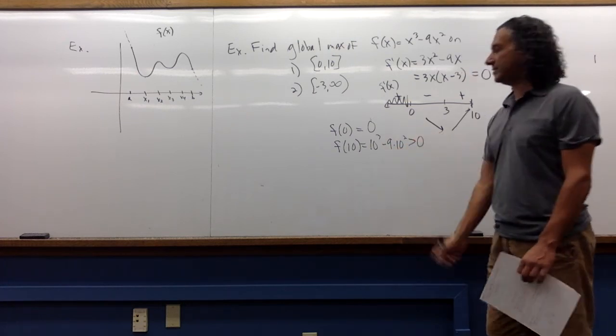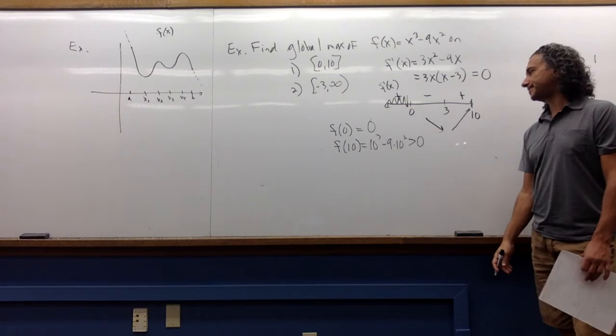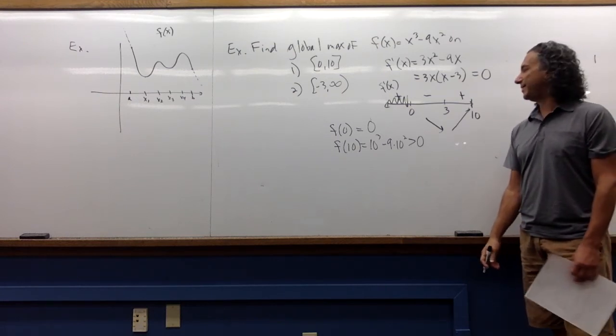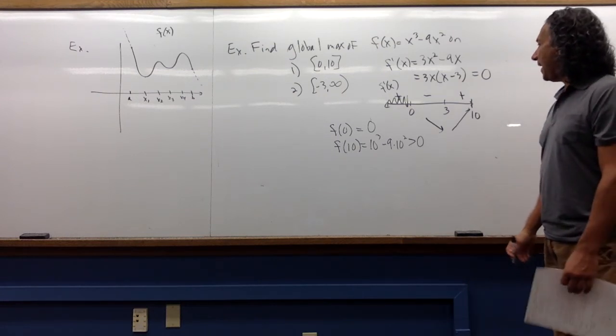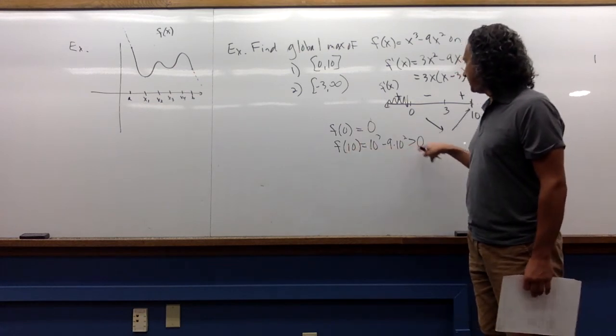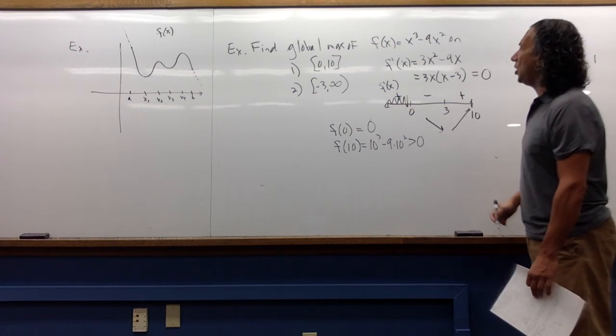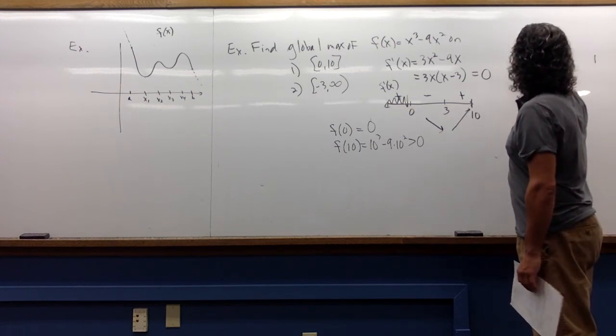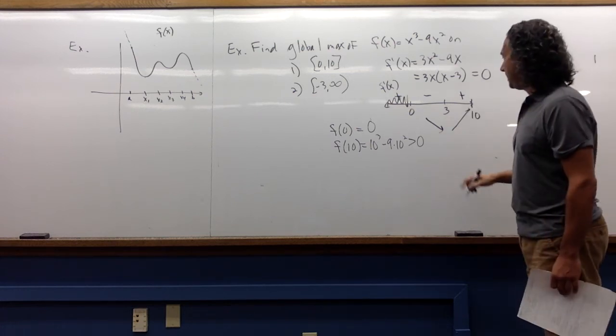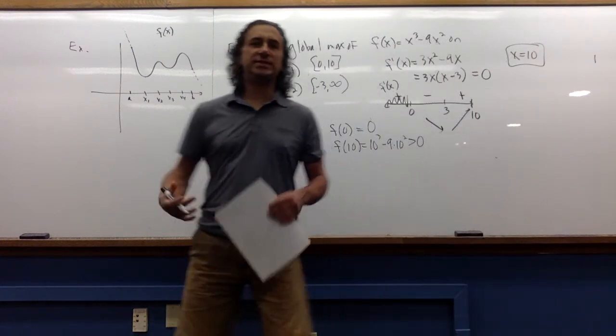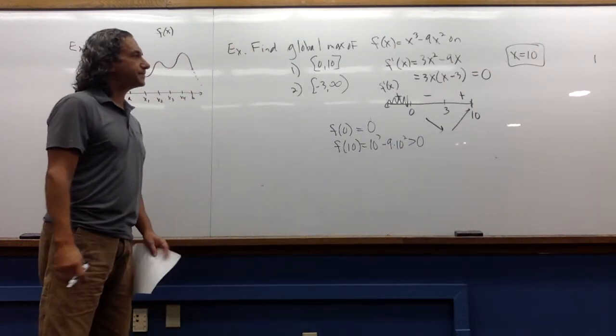So this is definitely bigger than 0. Or 100. It's going to equal 100. Because this guy is bigger than this guy, to find the global max, the global max will occur at x equals 10. So that means we're in the case where my function's increasing as I go further out.